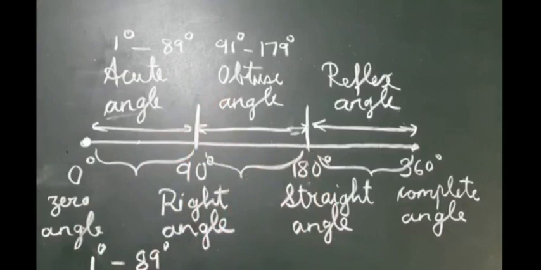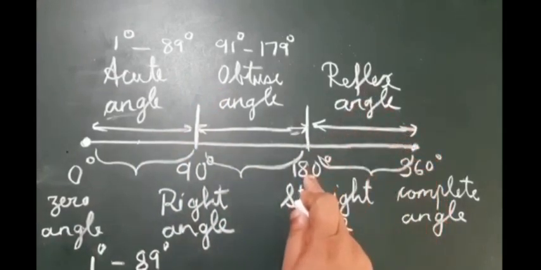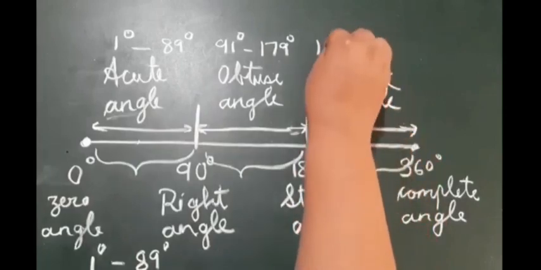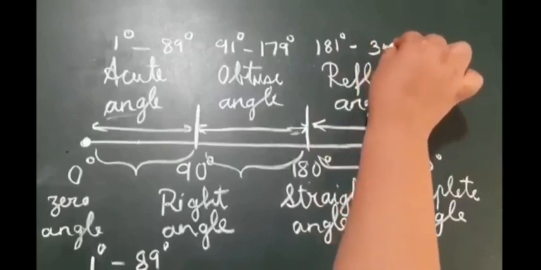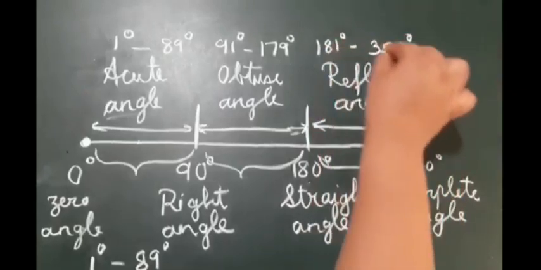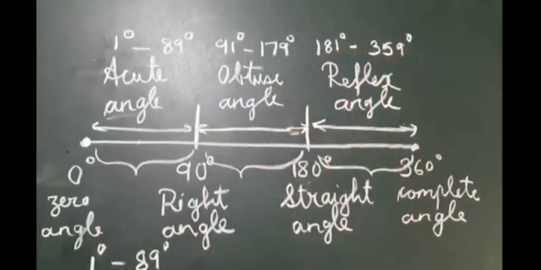And the next angle, here in this place, will be greater than 180, that is 181 degrees, and less than 360 degrees, meaning 359 degrees, in between. These are the numbers from 180 degrees to 360 degrees.